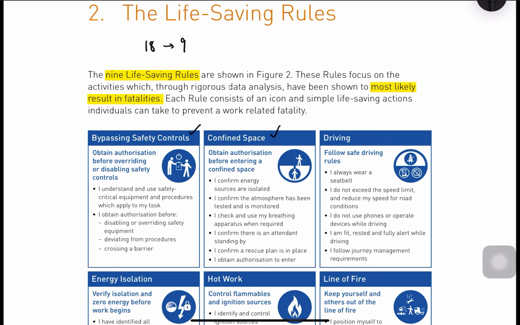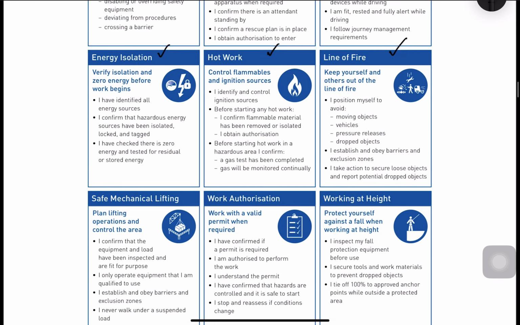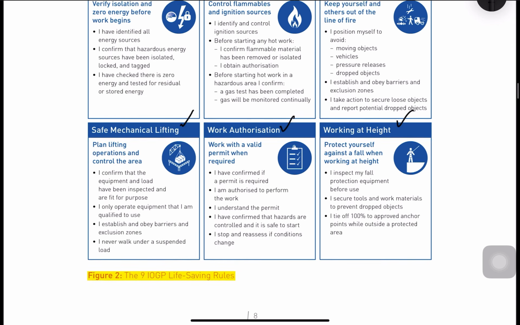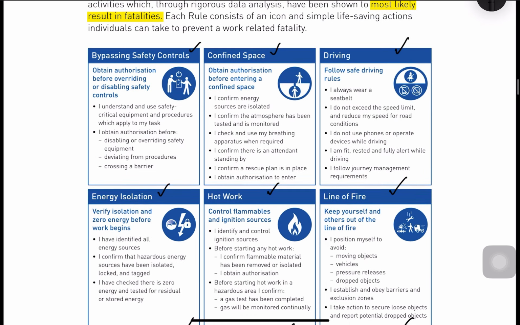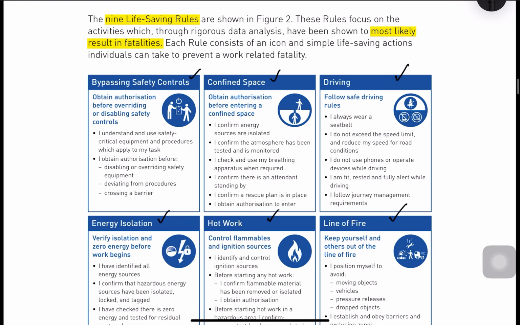Second, confined space. Third, driving. Fourth, energy isolation. Then hot work, line of fire, working at height, work authorization, and safe mechanical lifting. That's it, there are 9 of them. Let's go through them one by one.